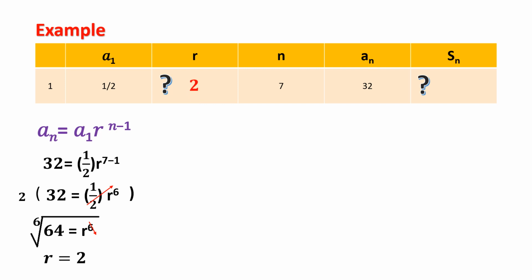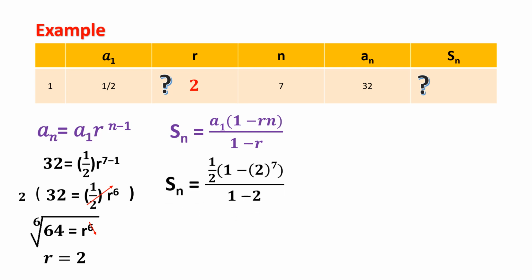And what about the sum? Using the sum of geometric sequence for a finite sequence, we are going to substitute the value for a sub 1, r, and n, where a sub 1 is equal to 1 half, r is 2, and n is equal to 7.